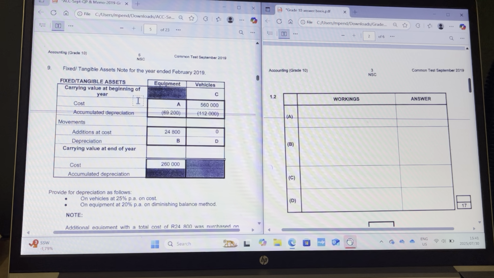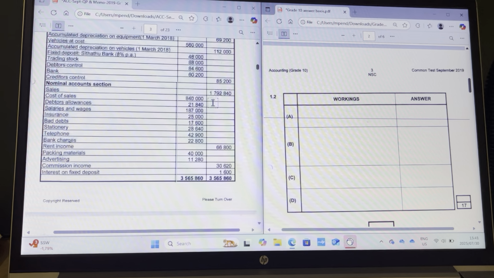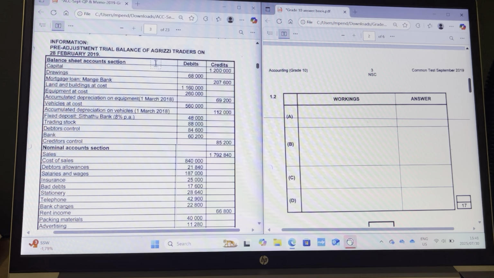The value of A, which is the cost of equipment, is easy to find. It's just you navigating to the trial balance, looking at the equipment cost, just 260,000. So we'll just put it there, 260,000.